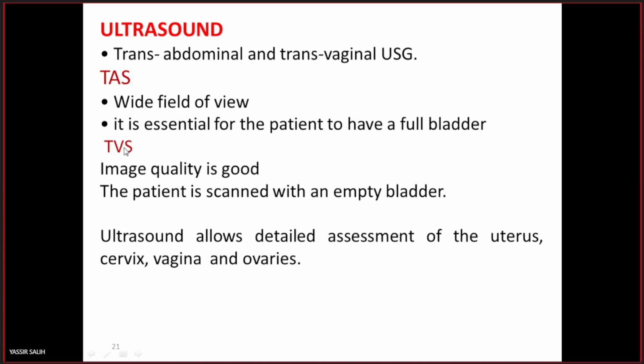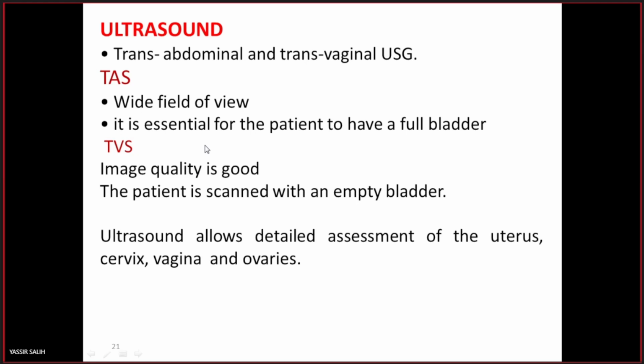In transvaginal ultrasound, the patient should have an empty bladder, or sometimes we may need a very small amount of urine, because we can use it as an anatomical reference. يعني the patient should evacuate her bladder.